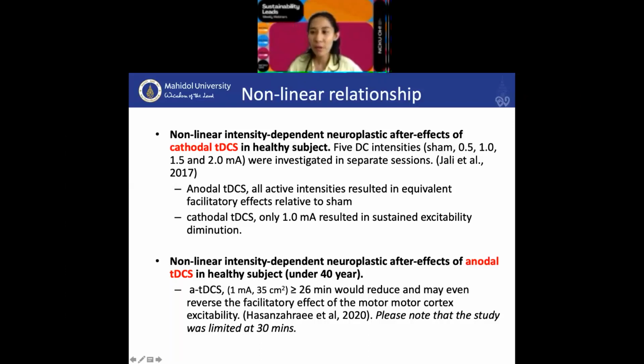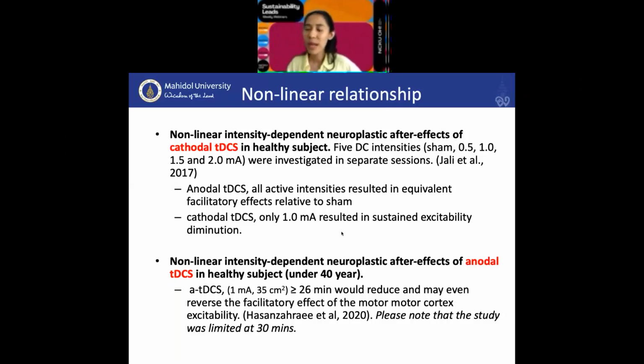And if you have a look at the upper study, they also found in healthy subjects that for cathode, they tested different intensities: 0.5, 1, 1.5, and 2 milliampere. They found that at 1 milliampere you can have a decrease of cortical excitability, but maybe not in the case of 1.5 and 2.